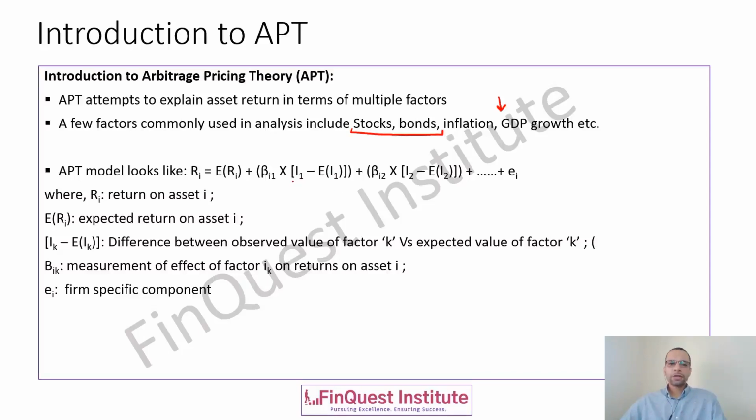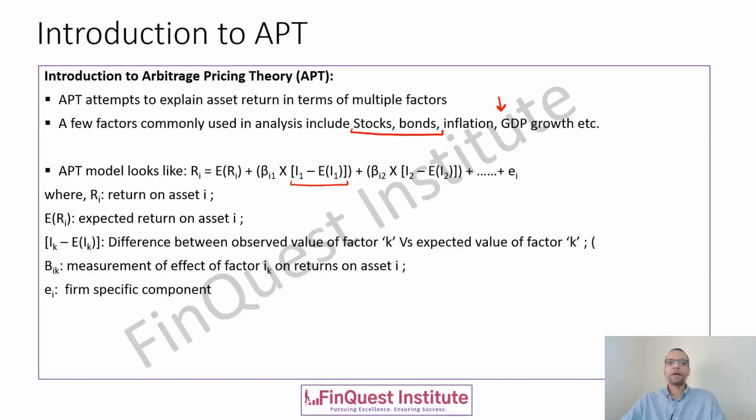So focusing on the square brackets first, this is defined as the difference between the observed value of a certain factor k and the actual expected value of factor k. That is, we are trying to calculate the difference between what has actually materialized against what was the expectation. And this is the information basically before the actual value was observed.